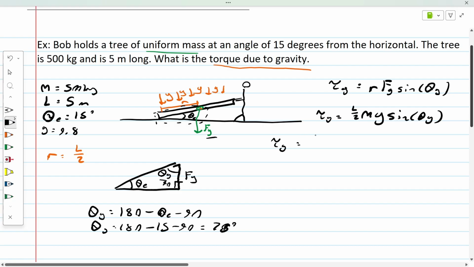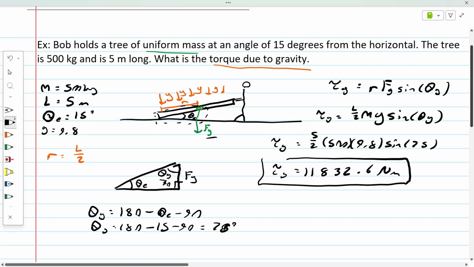So the length is 5/2, the mass is 500, times 9.8, times sine of this theta g, which is 75. If we plug these in for our torque, we get this value right here, in Newton meters. And that's the torque just by gravity on this tree.